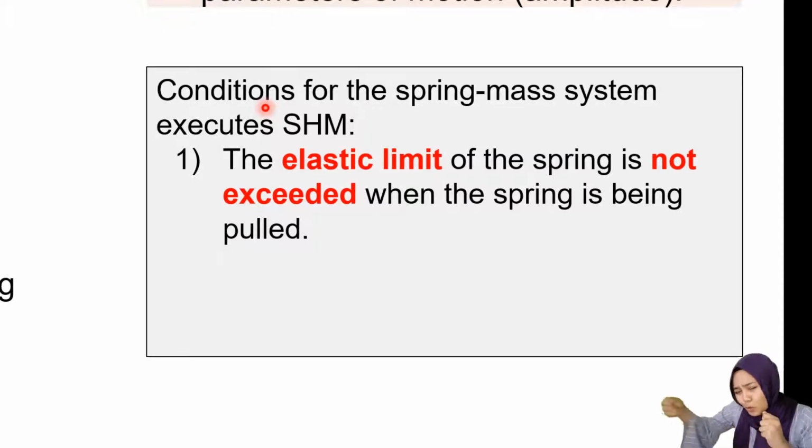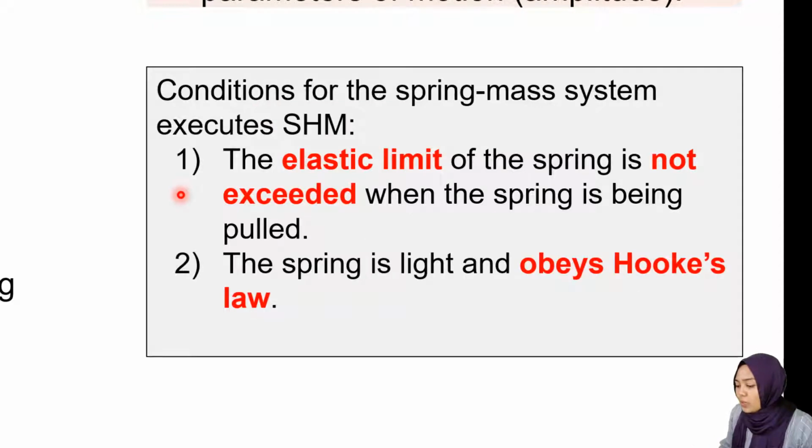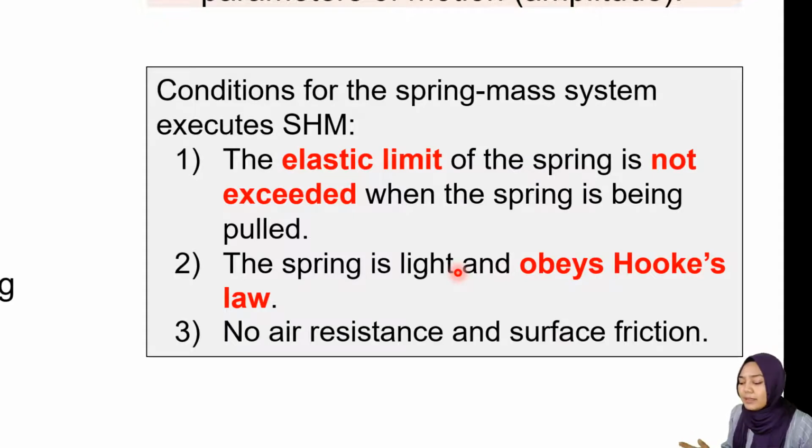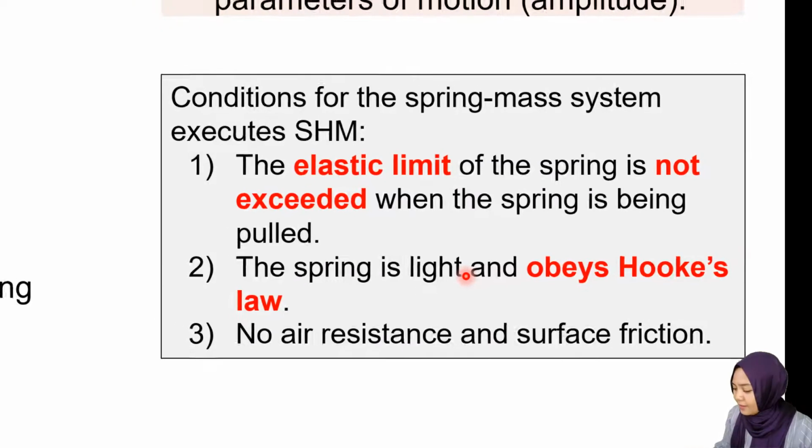If you pull it too much until the shape of the spring is deformed, you cannot use this equation any longer. The next one is the spring is light and obeys Hooke's law, and there is no air resistance on the surface, and there is no friction.